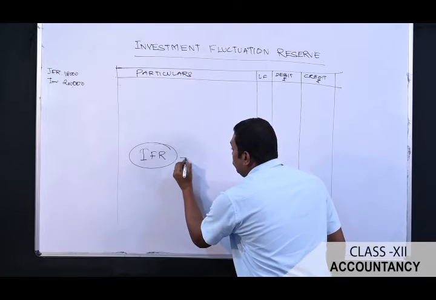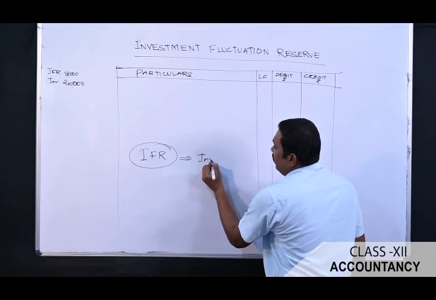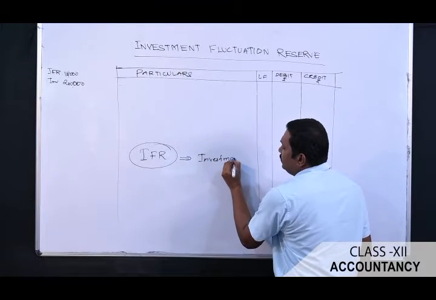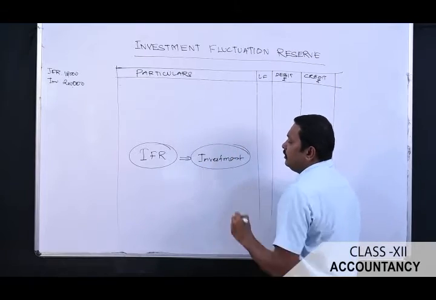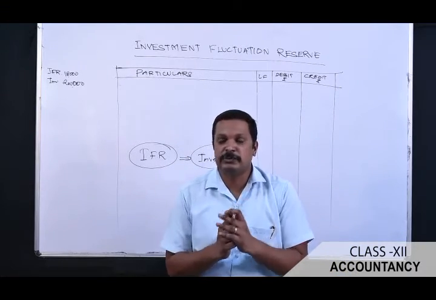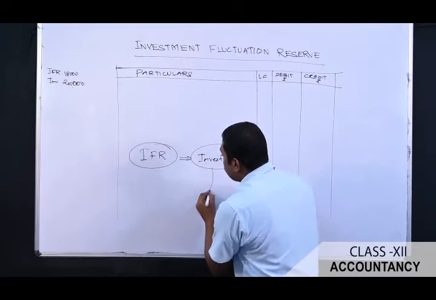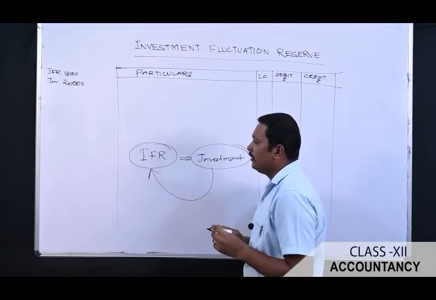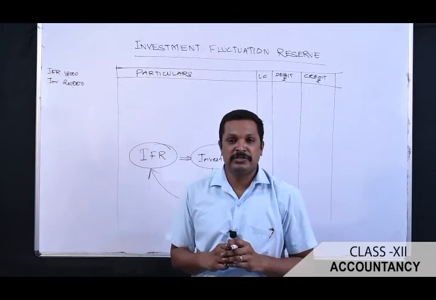To mitigate the fluctuations in the investment, we have to maintain one more reserve, that is called investment fluctuation reserve.